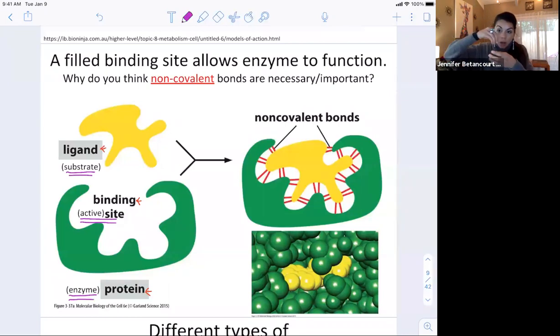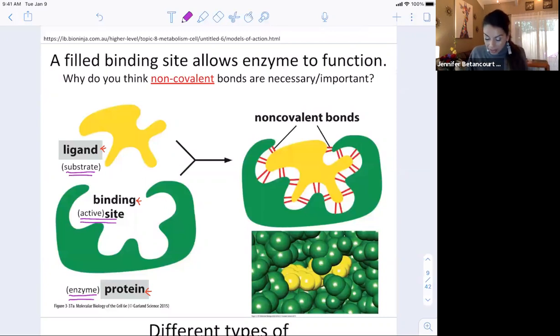As the ions are coming in, we do not say the ion is a substrate for that protein channel. We say that the ion is a ligand, okay? Because that protein channel on the membrane is not an enzyme. It's just a channel. It's a completely different category of proteins.